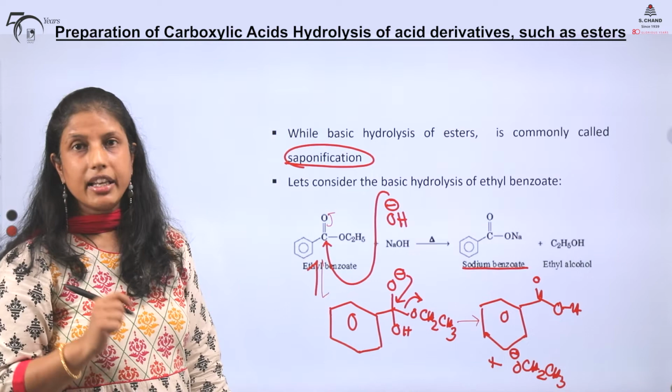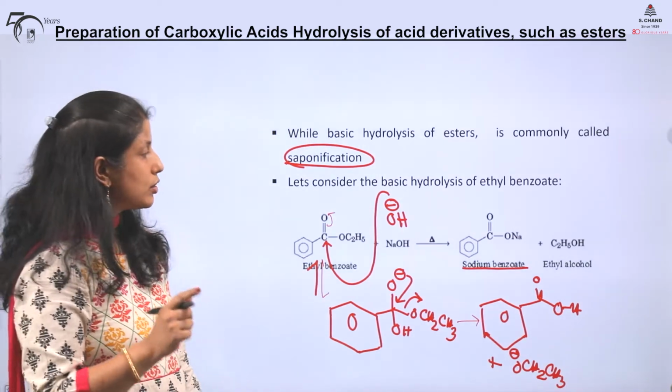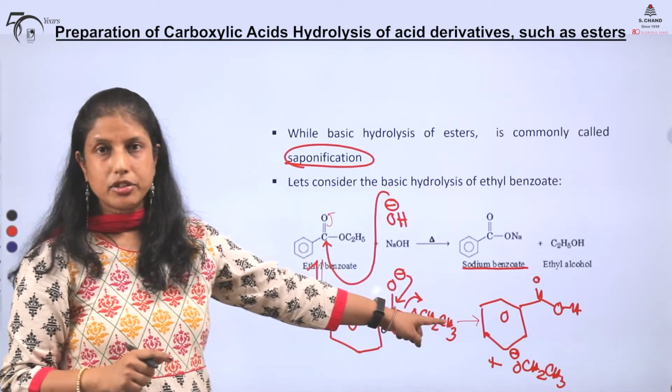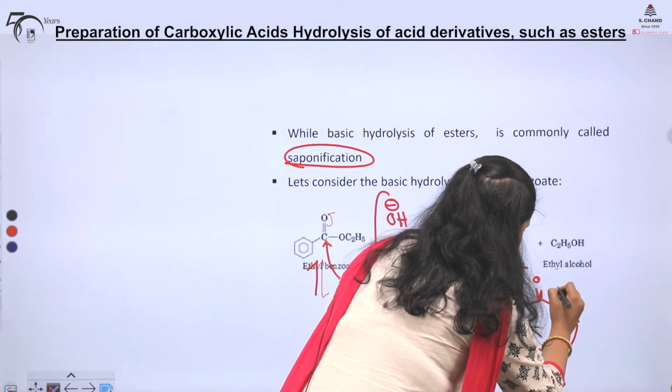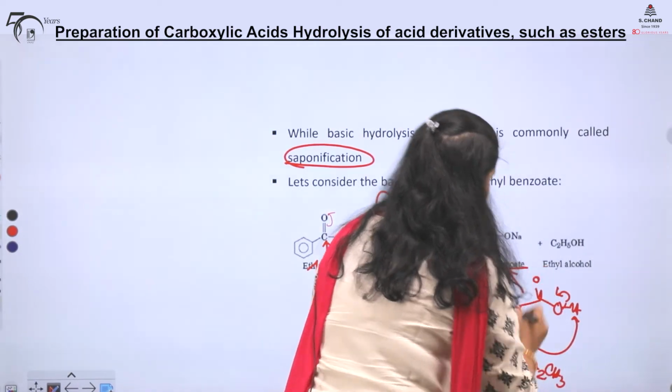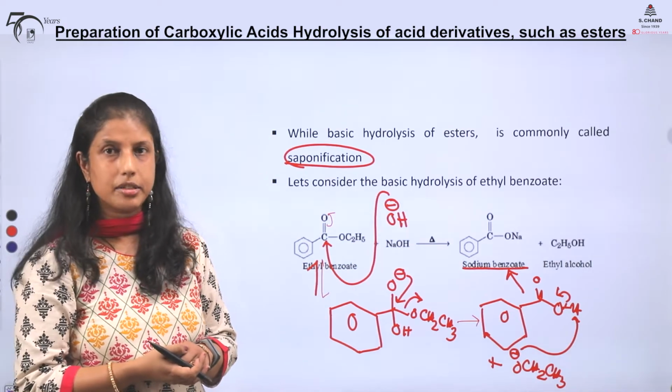Now, a very fast proton transfer takes place to give us the sodium salt of benzoic acid. And our alcohol, ethyl alcohol, is produced.